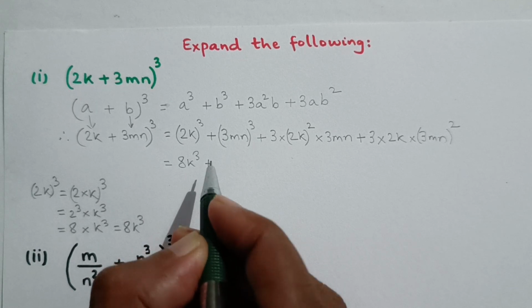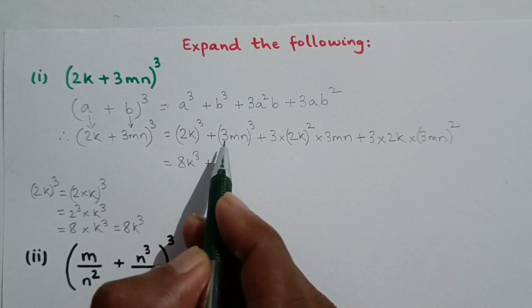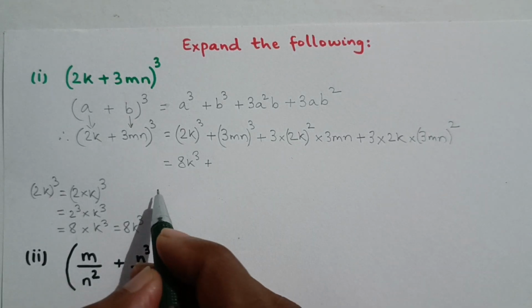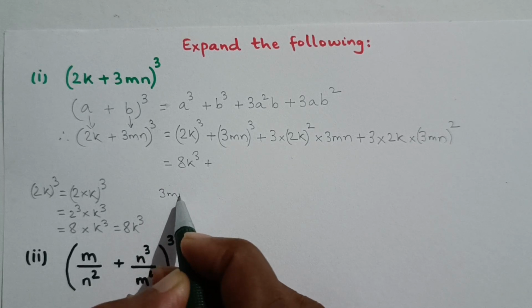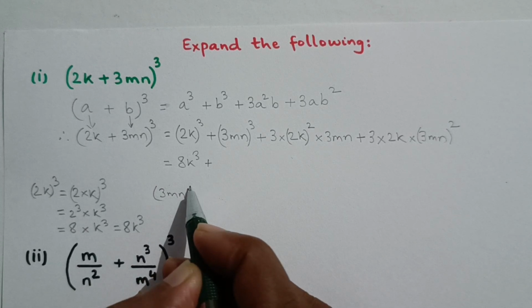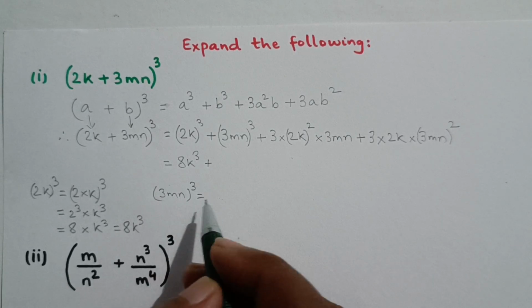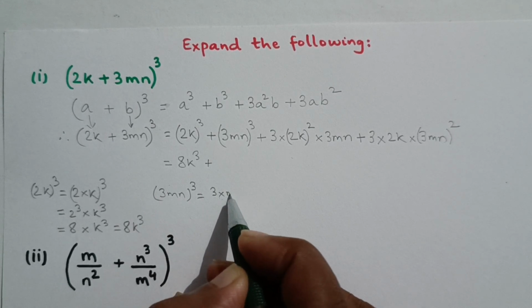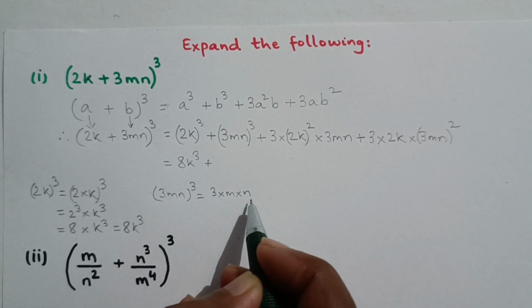Plus. Then we are having 3mn whole cube. So what is 3mn whole cube? We will do the working over here. So 3mn means 3 into m into n.